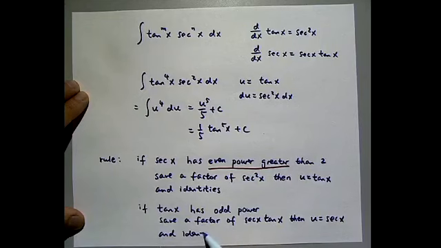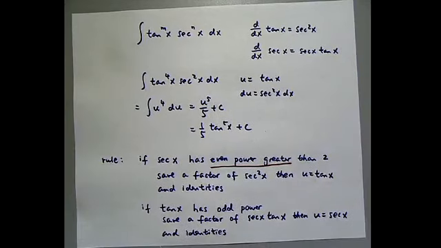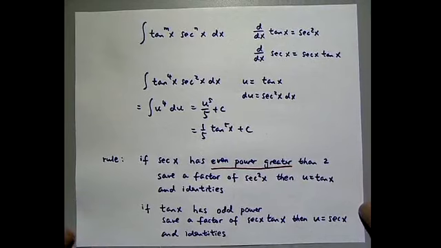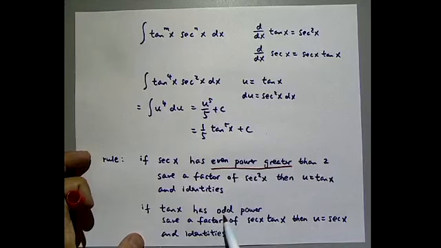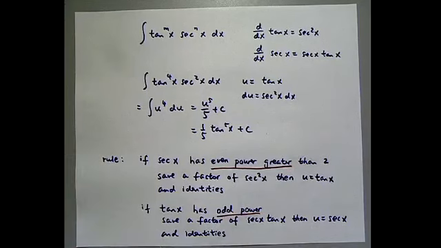And then we use identities. So there are only two possible choices here to look at. Let's see a couple examples.